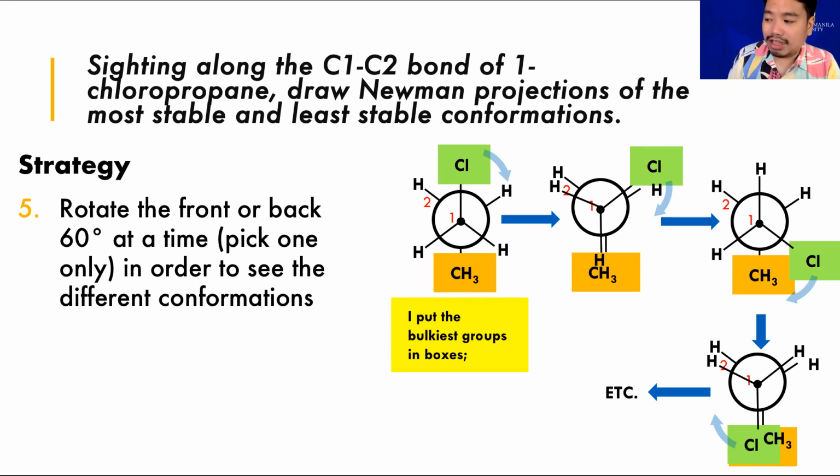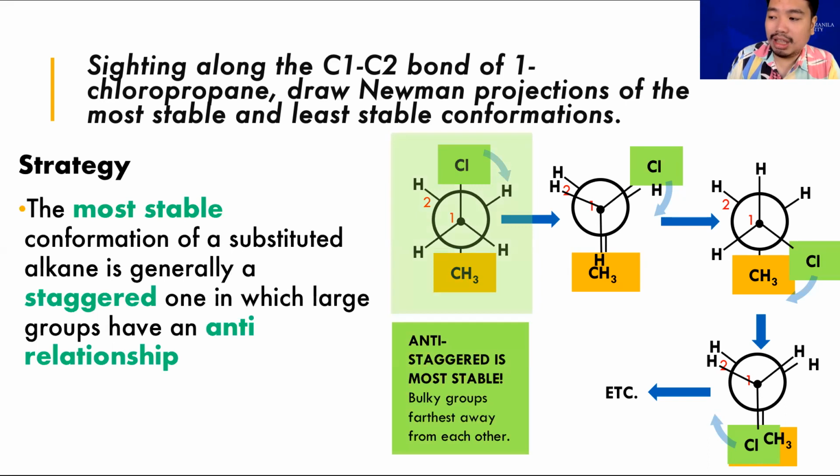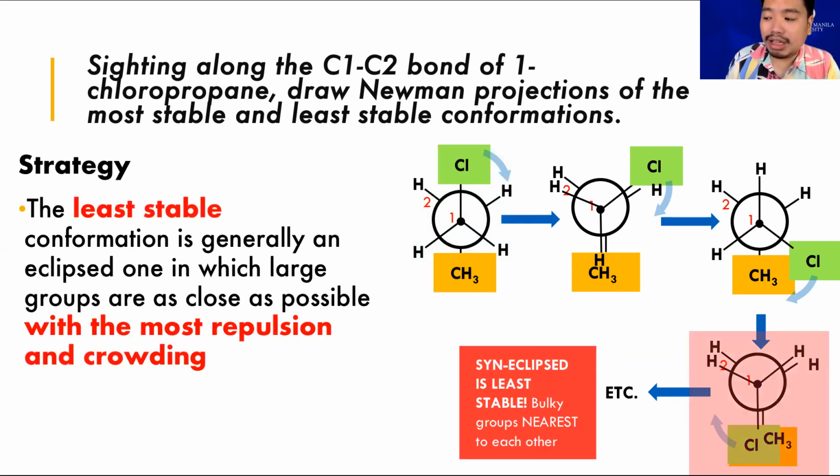Because once I have all of these drawings, I can then pick the most stable, like the anti-staggered, or the least stable, like the syn-eclipsed, or the second least stable, which would be the gauche staggered, etc. So that's what the problems will typically ask of you.